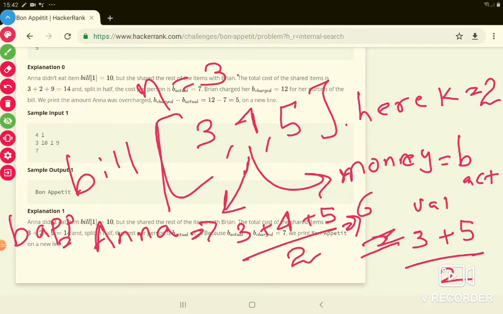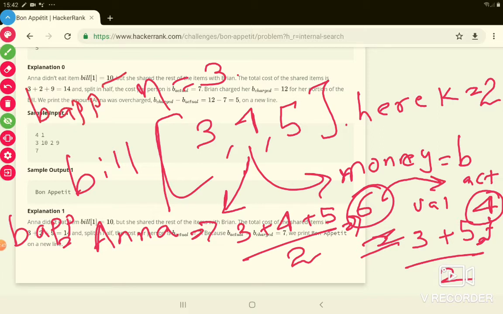She has to pay 4 rupees in actual, but she had paid 6 rupees. So Brian has to return 2 rupees to Anna. So the money returned will be B apparent minus B actual.